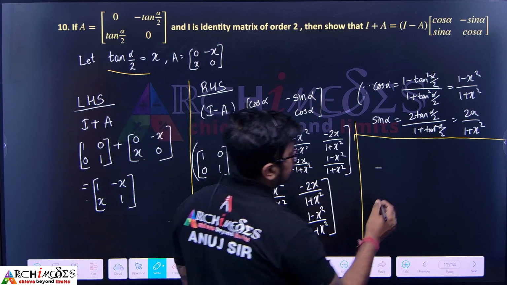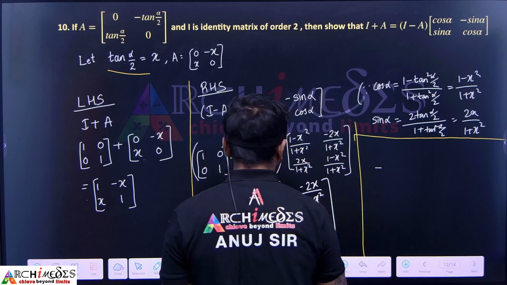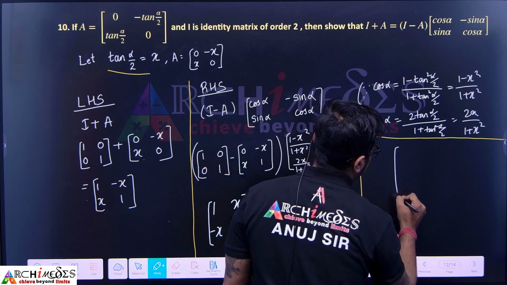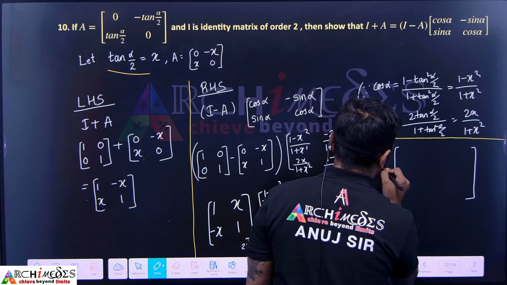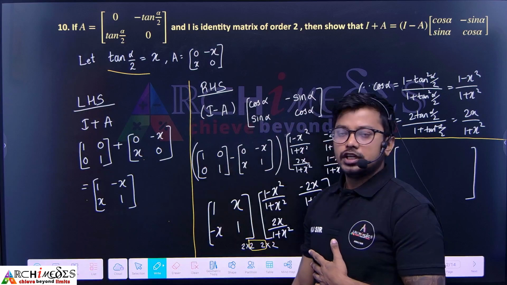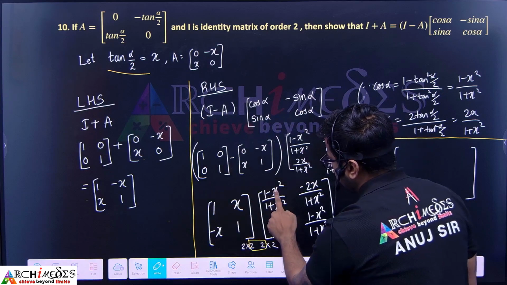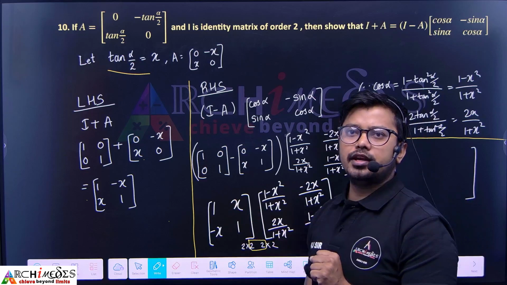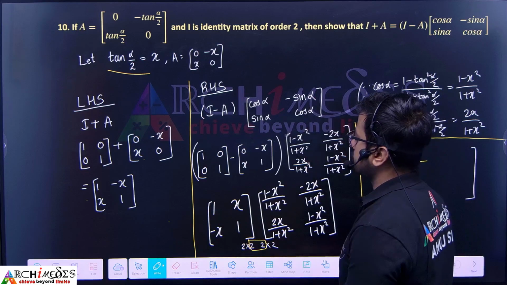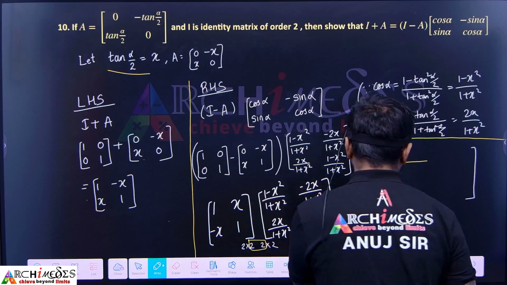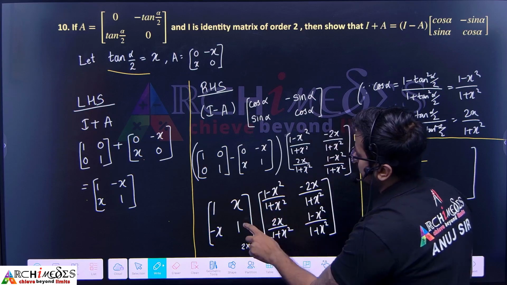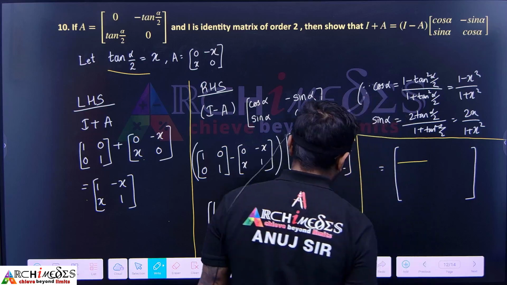So 2 by 2 times 2 by 2, the output matrix is also 2 by 2. What is our right hand side proving? When I multiply this into this, the first row is multiplied with the first column. But you see very well, in every case when I multiply, the denominator remains the same. Isn't it?